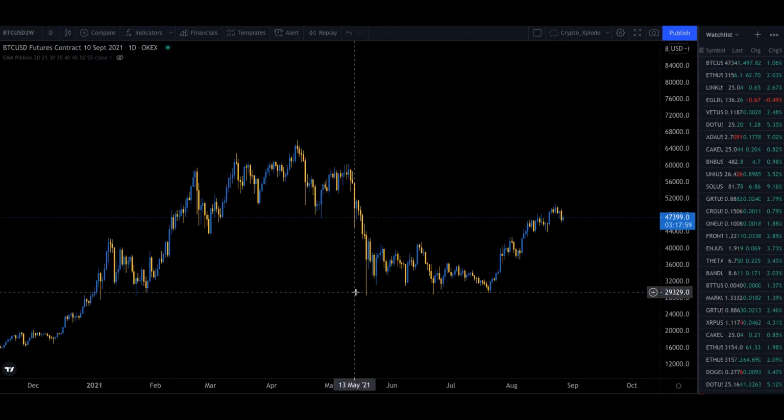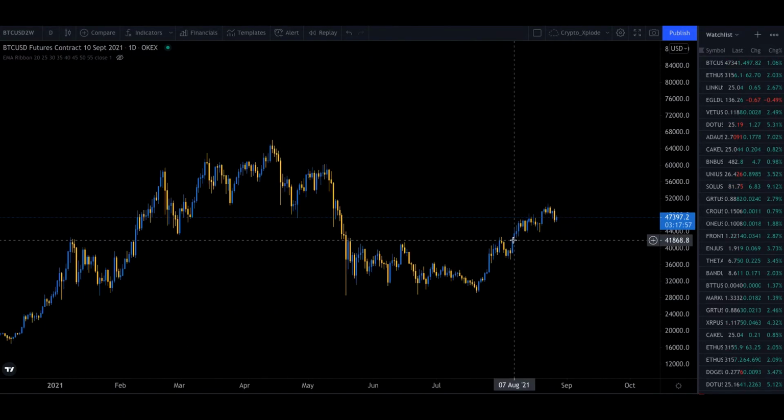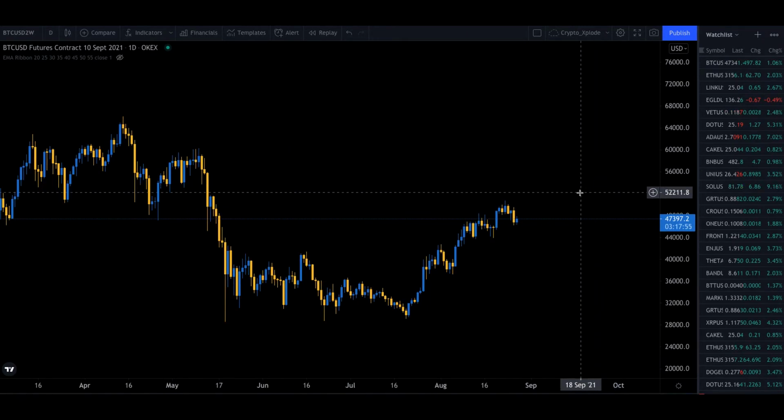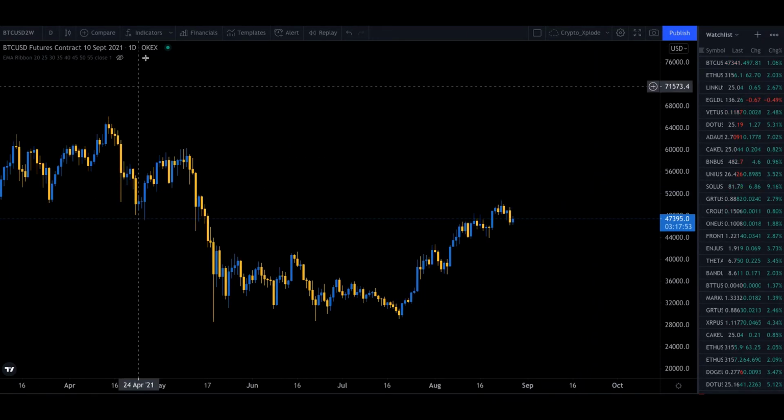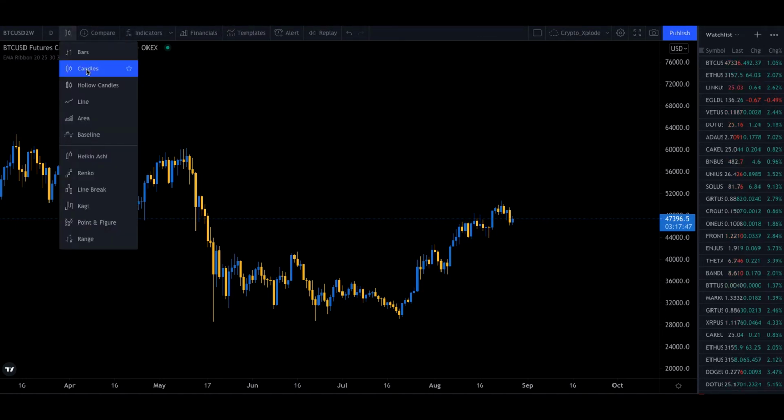One very important step, if you are choosing which type of chart you will look at: you have the candles, the most common one that most people use are the candlesticks, and the line.